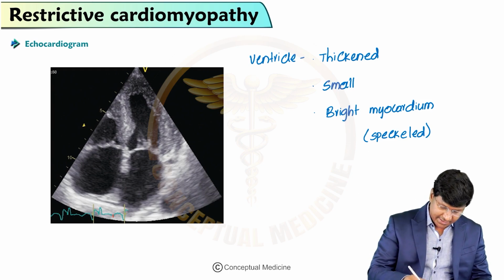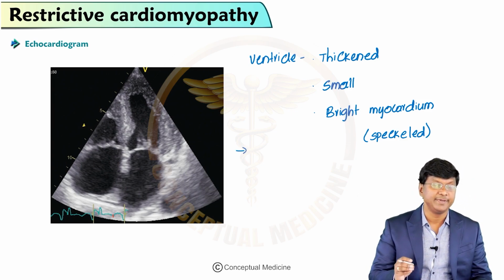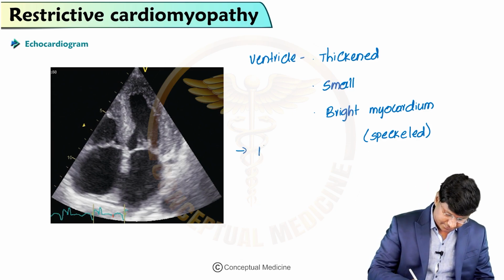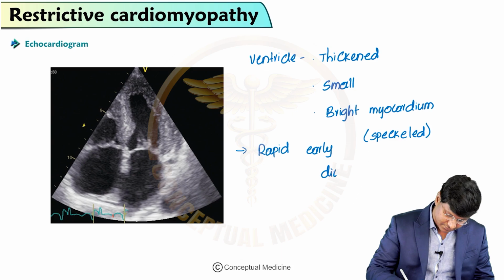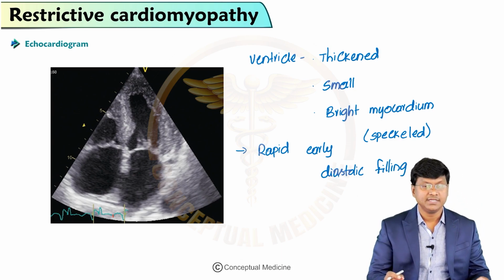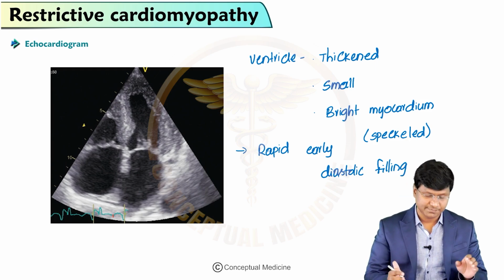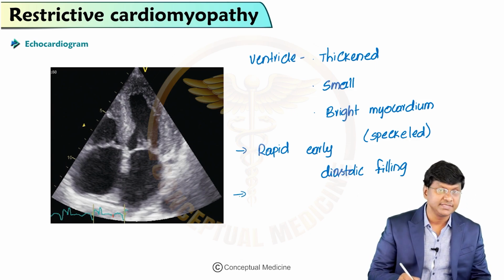The speckled myocardium is very much suggestive of amyloidosis. And in the Doppler studies, you will observe that there will be rapid early diastolic filling, and that is revealed by mitral inflow Doppler studies.